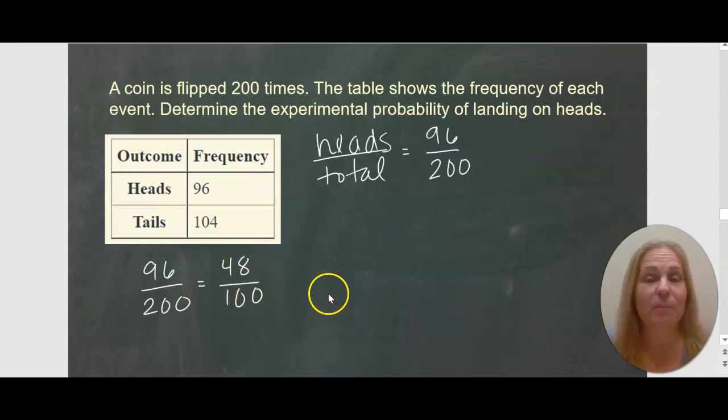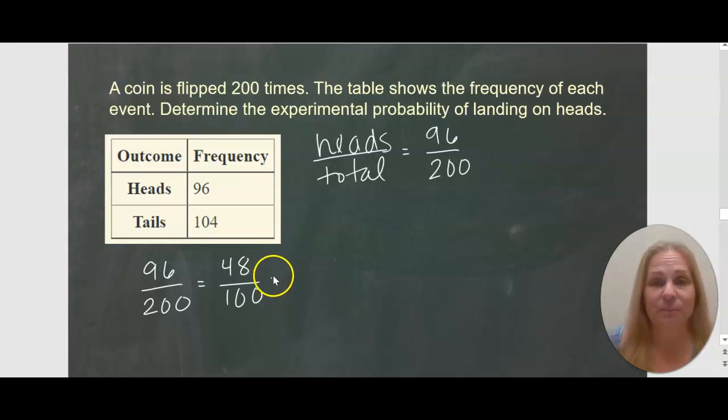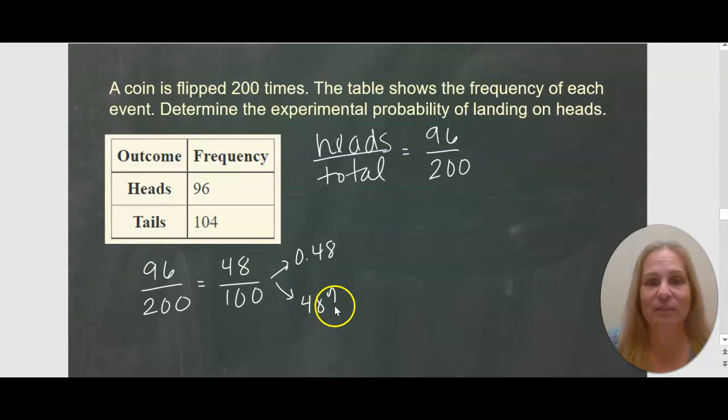Now, if I want my answer in decimal or percent form, this would be a good place to stop because I know that 48 hundredths would be 0.48 or 48%, right? So this would be great. If I need it in simplest fraction form, then I should keep going.